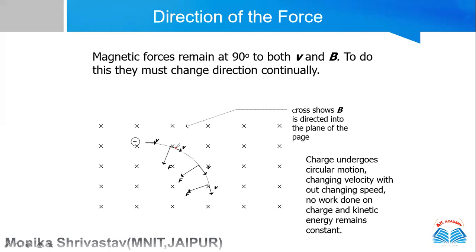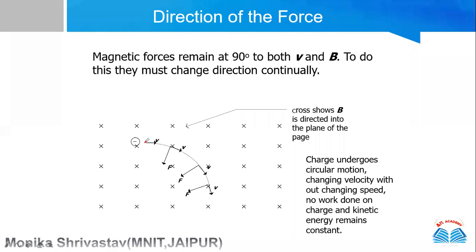Now, this is your negative charge. We have constrained it to move with some velocity v, and it is moving. Then a force is generated in this direction. Suppose this is the direction.